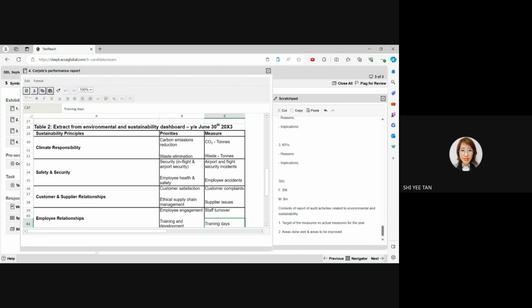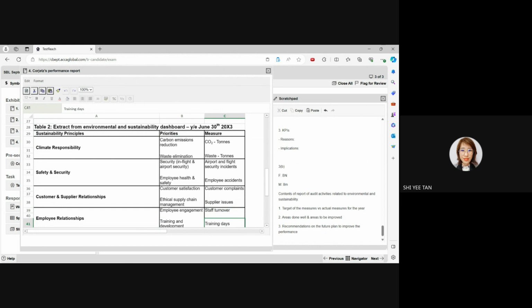Areas done well and areas to be improved. Recommendation to improve, or the future plan. Recommendation on the future plan to improve the performance. That's my suggestion. This is what I think can be included.